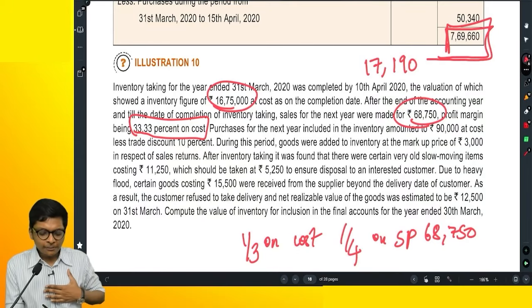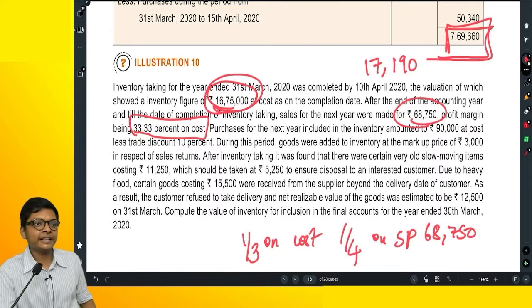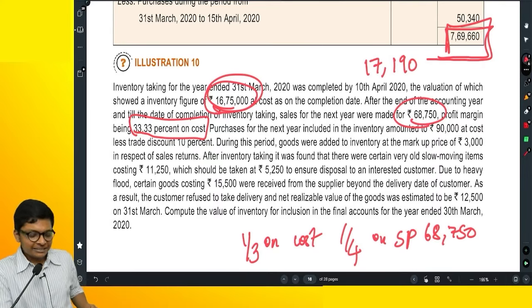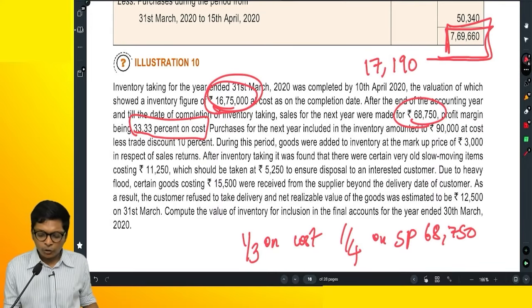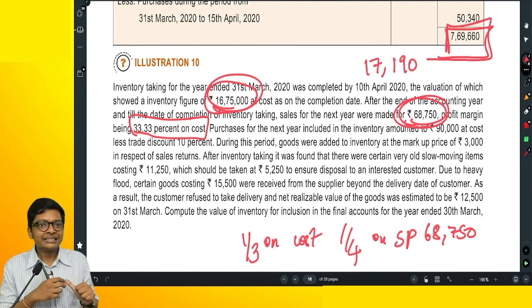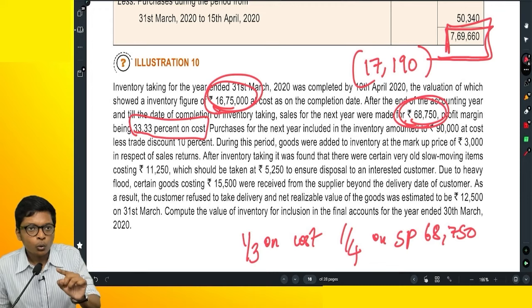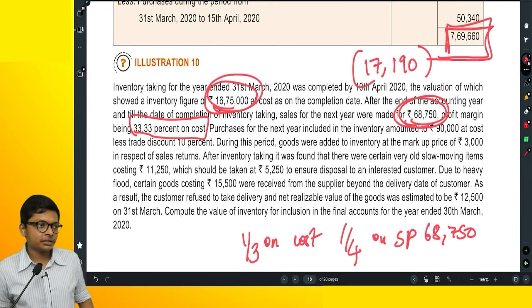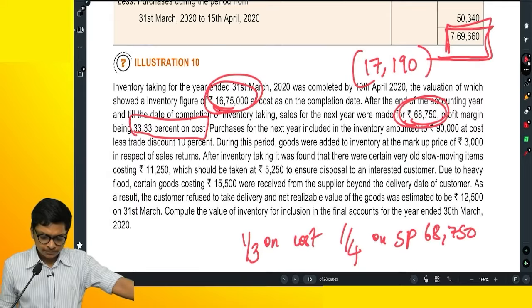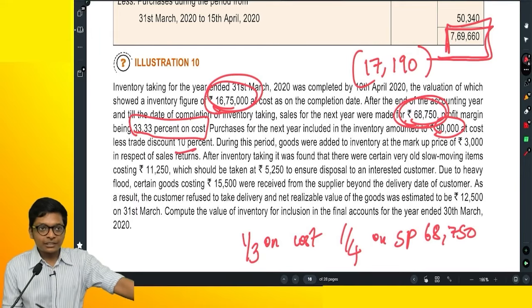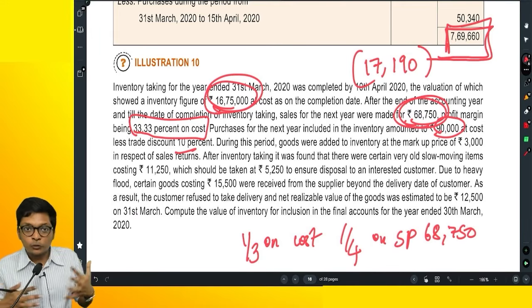Follow, guys. From 16 lakh 75,000, I will add how much? 68,750 and minus 17,190. Are you following, guys? Any doubts in that? No. Then purchase is given as 91,000, but I have to reduce the trade discount. Always trade discount should be reduced.